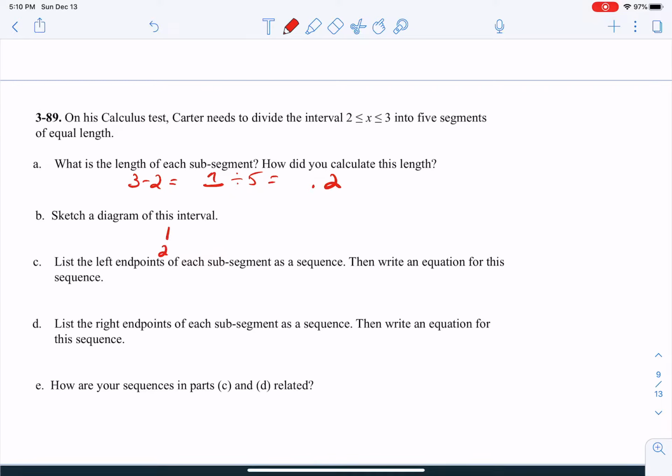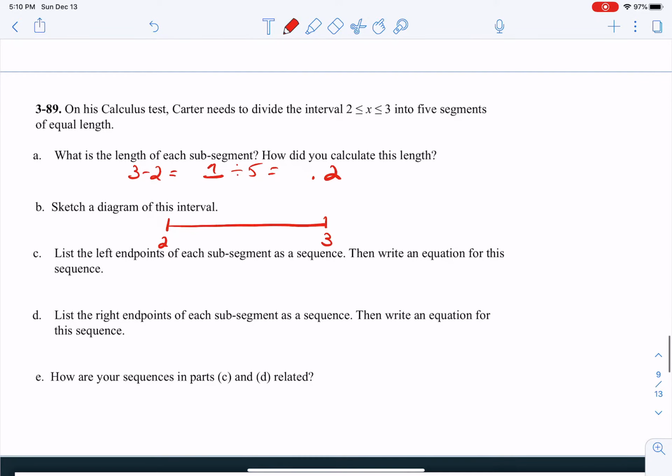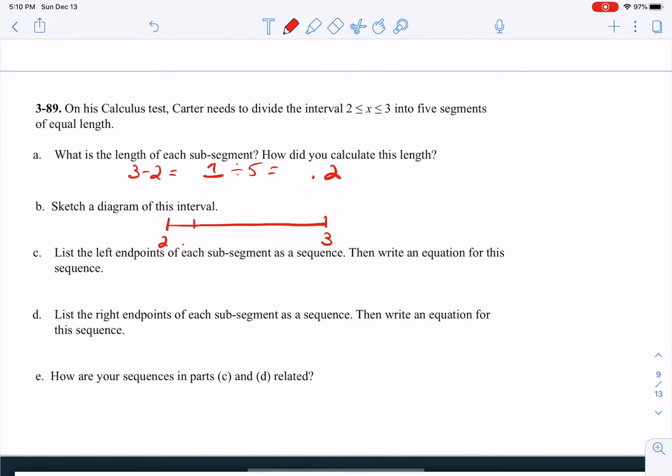So my interval goes from 2 to 3, and each segment is 0.2 in length. So I have 1, 2, 3, 4, 5 equal segments.